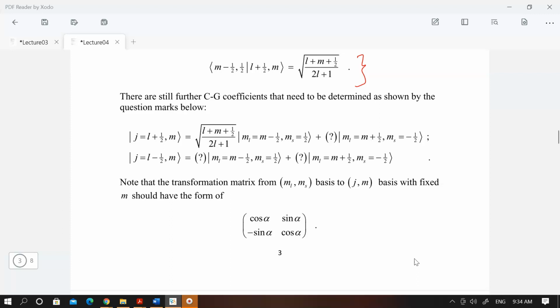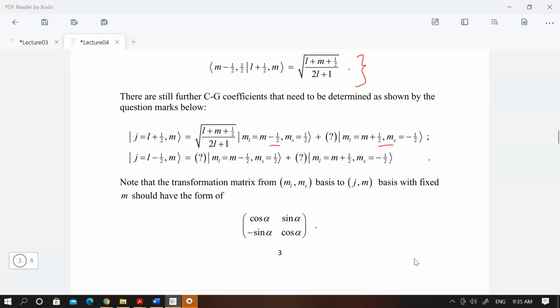The condition for a different J state, this is from the top row, this is at the bottom row, should come from a similar combination. Because you need to have the value m here, so you must have this combination again.